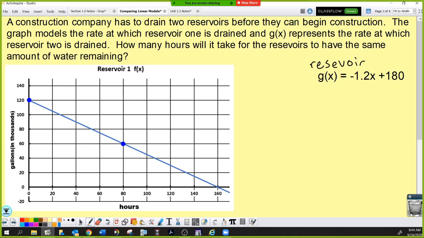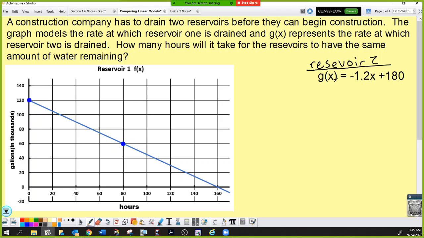Reservoir, French word, 2. Reservoir 2. How many hours will it take for the reservoirs to have the same amount of water remaining? Well, I can't really answer that question right now because I only have one equation. I need 2 equations.